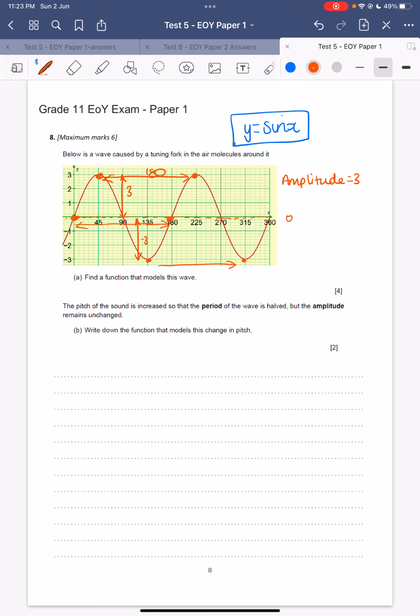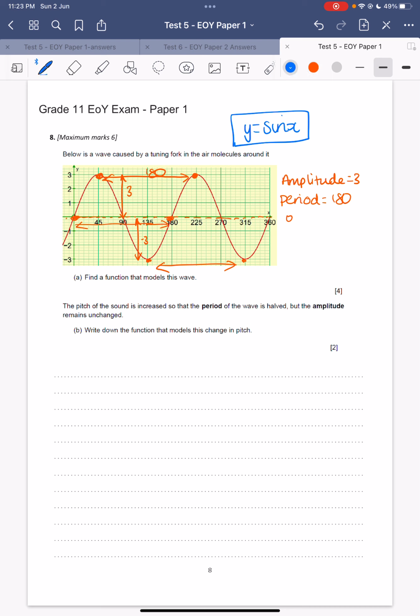You can take it anywhere, but you're interested in one complete curve. We can see that this is one complete curve, and we can measure the distance. So this tells us that the period or the wavelength is equal to 180.